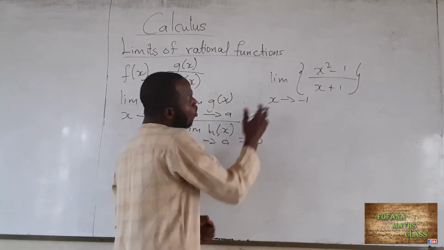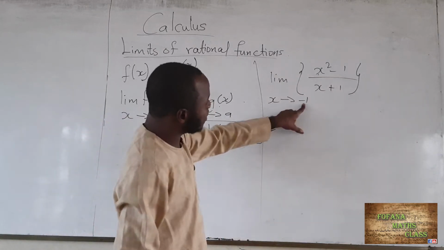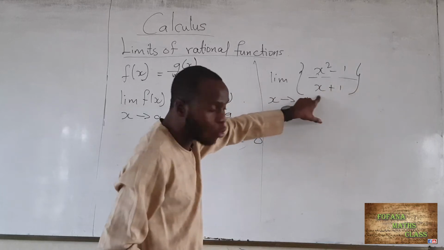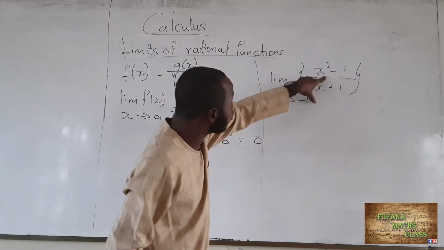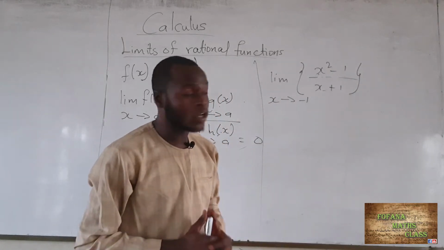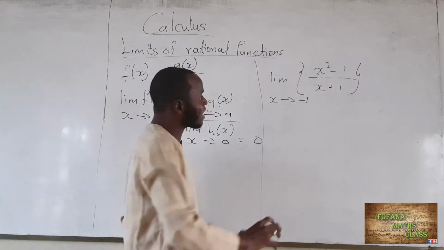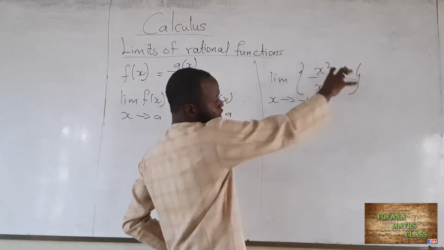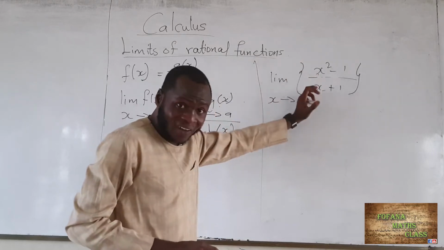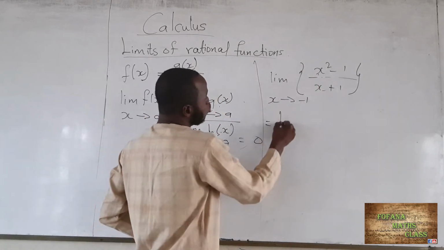When you look at it very well, you realize that if I put -1 here, it will turn the denominator to 0, and that will cause the whole expression to be undefined. So the solution is that I will have to simplify the whole expression first. After simplifying, finding the limit will be very simple.